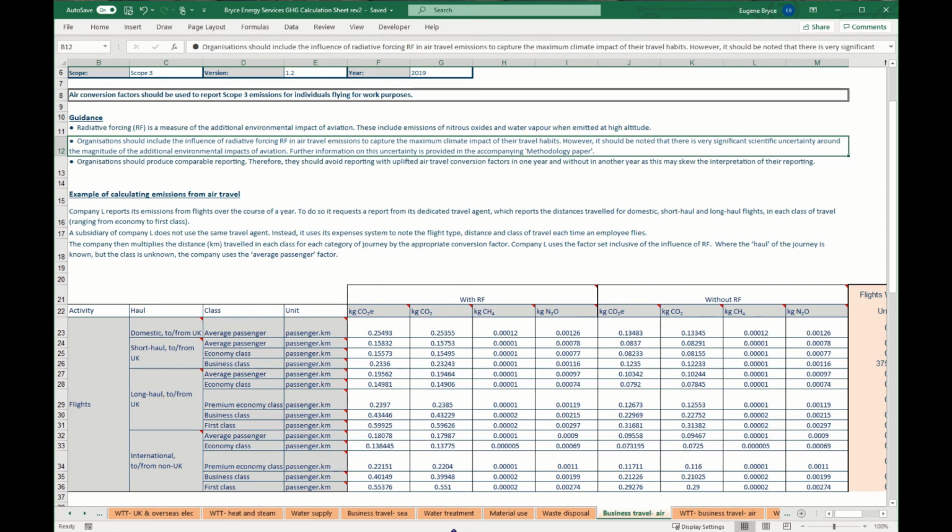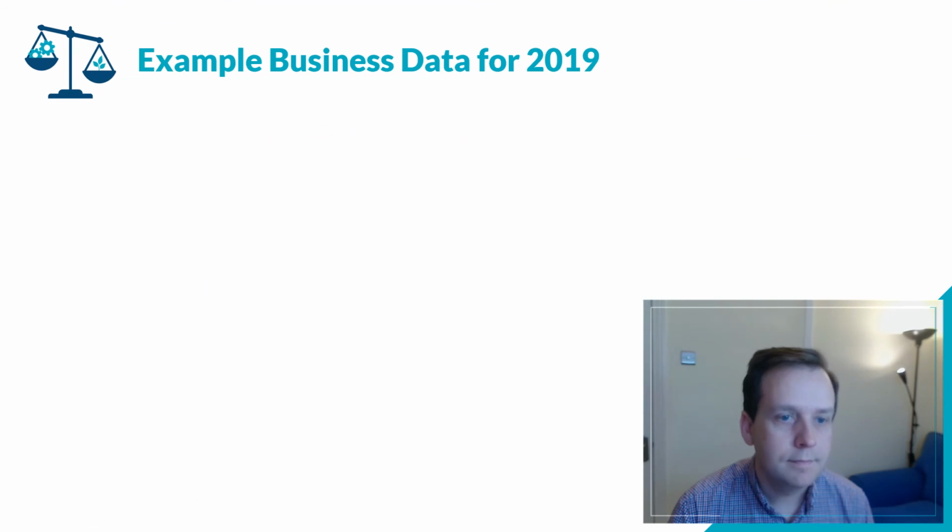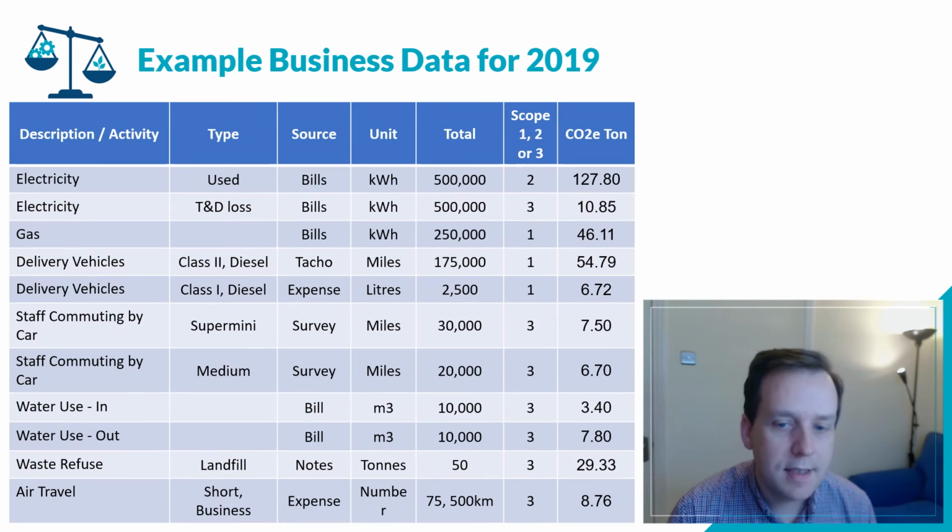So that completes our little table. Having said all that, this gives us the final table of data used by the business.